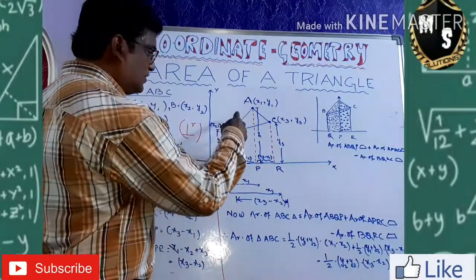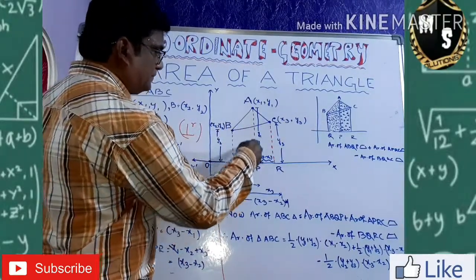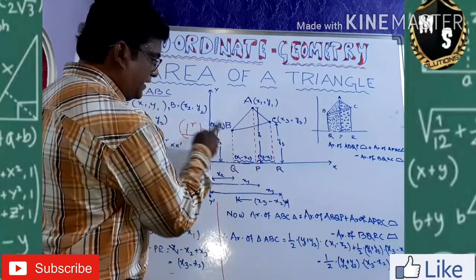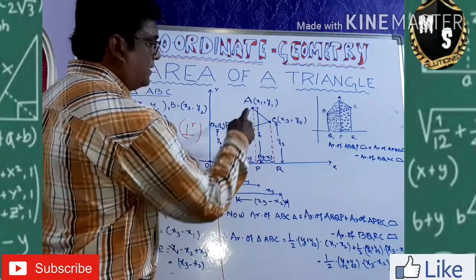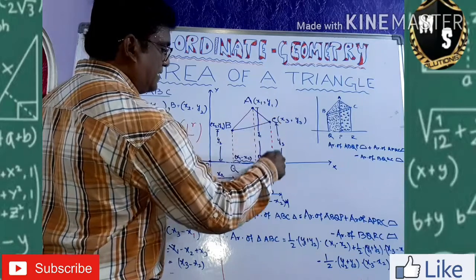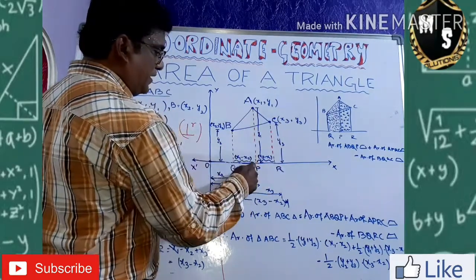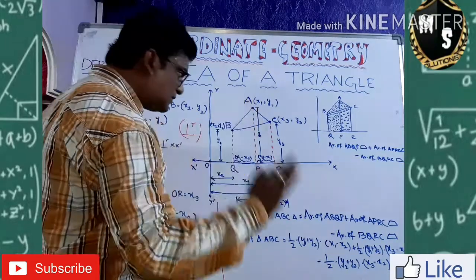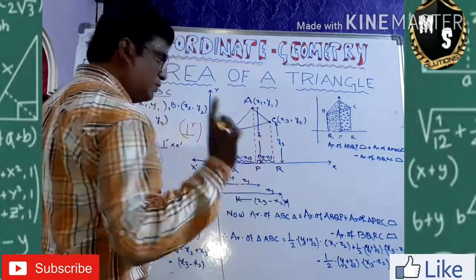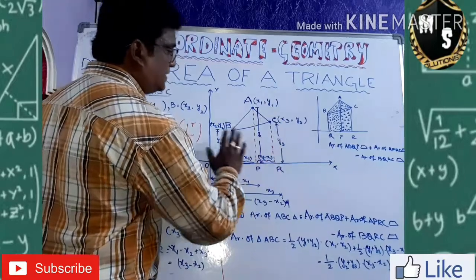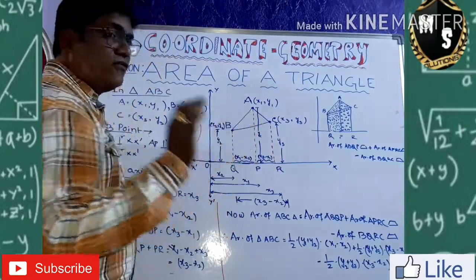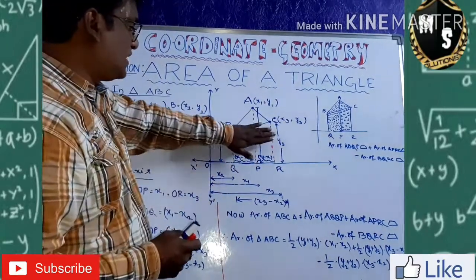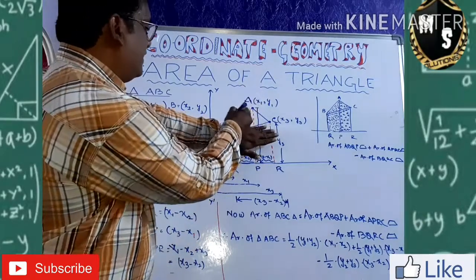So now here you see this is a trapezium, A, B, Q, P. Now it is A, C, R, P or A, P, R, C. So this trapezium plus the area of this trapezium plus the area of this trapezium is giving the whole figure. Area of the whole figure. If you subtract this one, see what is remaining? ABC.